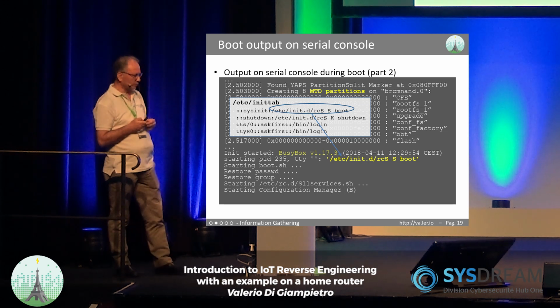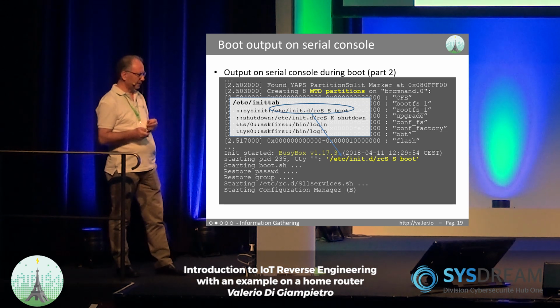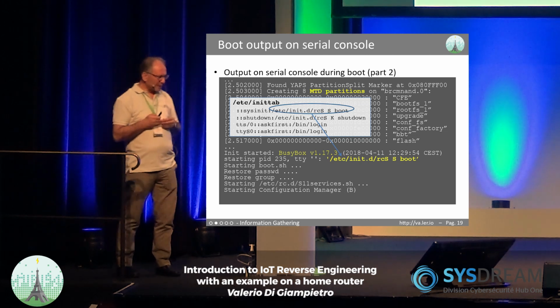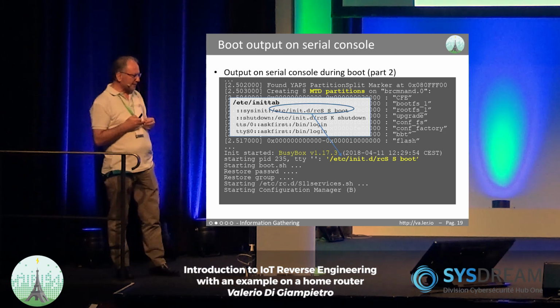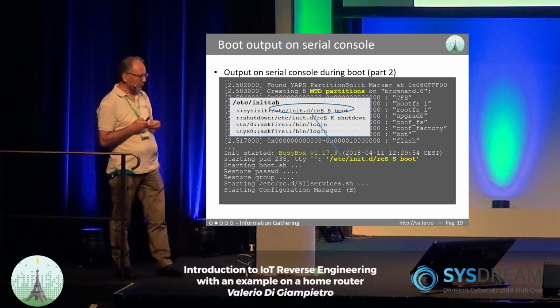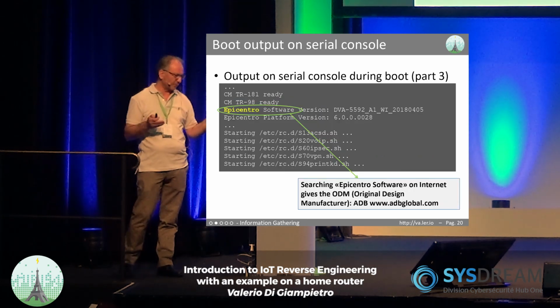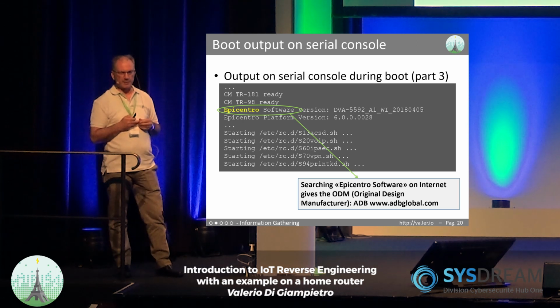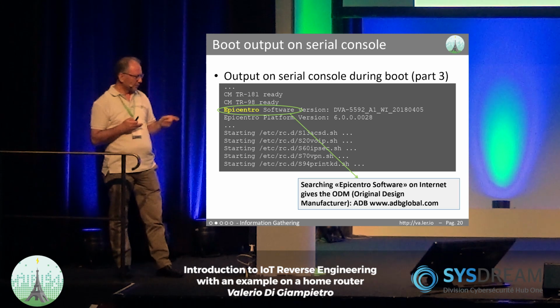This is according to the inittab configuration file. During boot, we can also identify the string epicentro software version. If we search on the internet for this string, we can identify the original design manufacturer. So this router was made by D-Link, but the firmware was developed by a Swiss company called ADB.